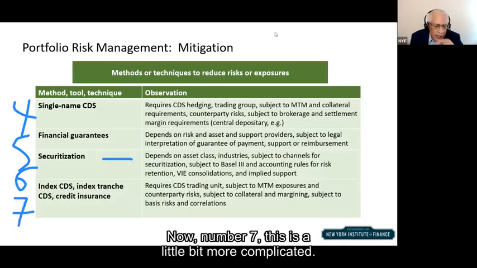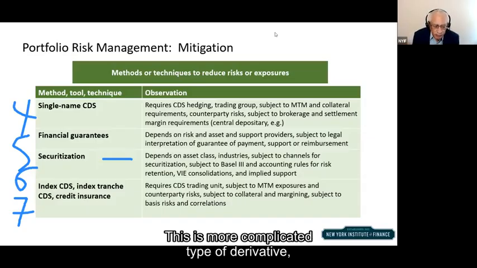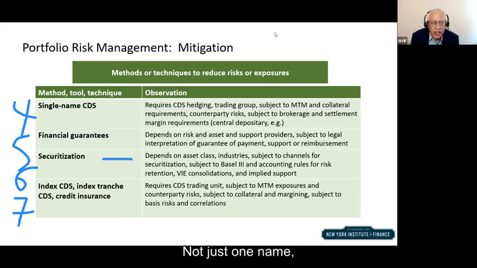Now, number 7, this is a little bit more complicated. It's like the credit default swap. It's called an index credit default swap. This is a more complicated type of derivative, where I am looking at a basket of names, not just one name, but a basket of names that might be in a certain industry. I use in my CDS example Tesla.